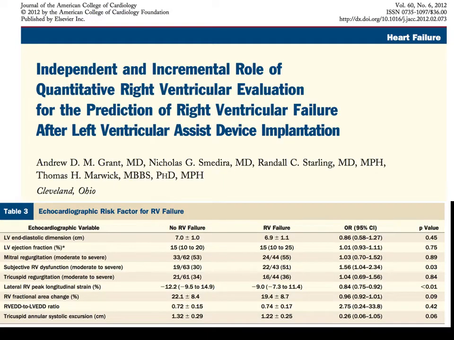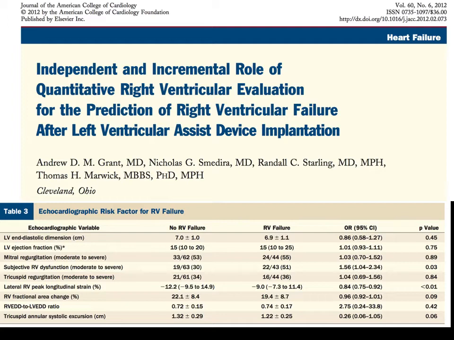What about intraoperative application of strain? This is another study where they looked at preoperative strain on transthoracic echo of the right ventricle in patients undergoing left ventricular assist devices. And I'm sure you have the same challenge here as we have in Toronto when we put in LVADs. We're always struggling with the right ventricle. What is the right ventricle going to do when we put in the LVAD?